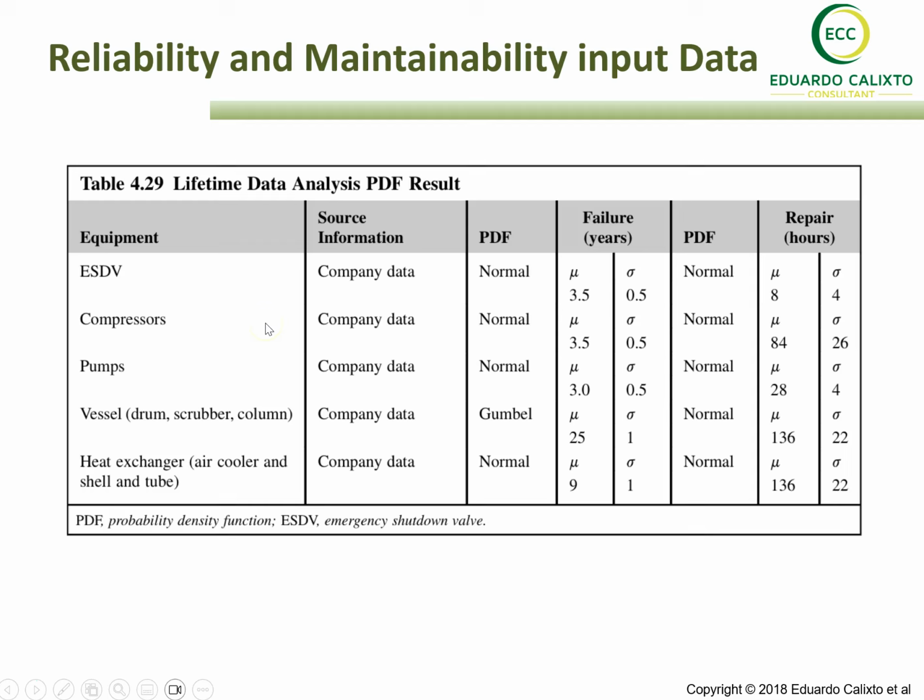Here, one very interesting point that we at ECC offer nowadays is that we have our own database, and in our own database we have deeper reliability data for compressor components, pump components. Then you do not only need to assess the equipment at a higher level, but you are able to include the main components from compressors such as bearing, shaft, and others, valves, as well as for a pump.